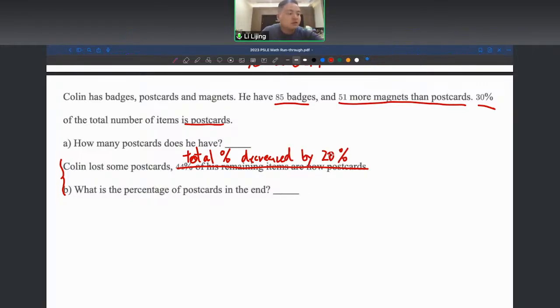Okay, so now let's continue part A. Alright. So I have badge, I have magnet, I have postcard. For badge I have 85. However, I don't know about magnet and postcard. But I know 30% are postcard. So 30% I just write as 30U.